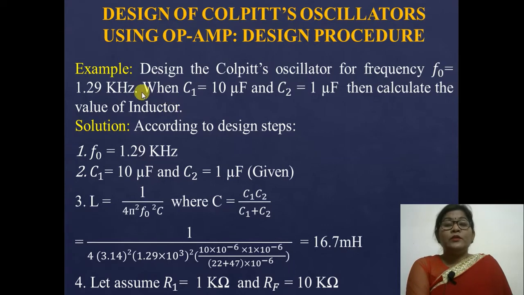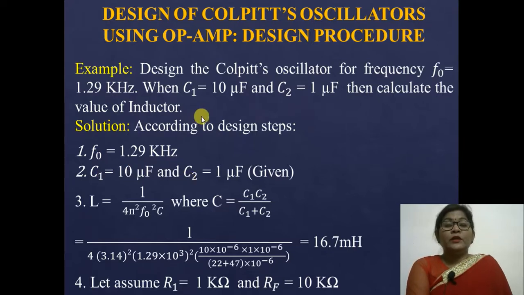Here the frequency is given. If the frequency is not given, then you can choose the frequency also, and you can design the Colpit oscillator. Because the frequency is given over here as 1.29 kilohertz, choose the oscillation frequency f naught, and then calculate the C1 and C2.